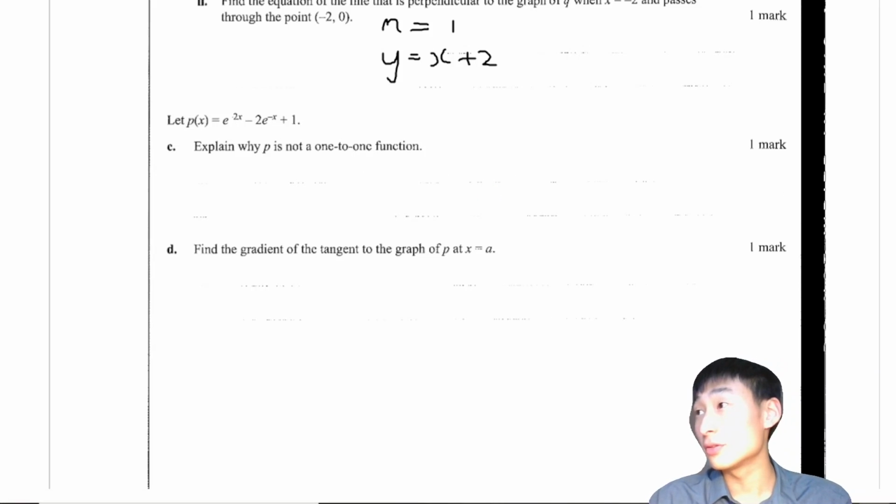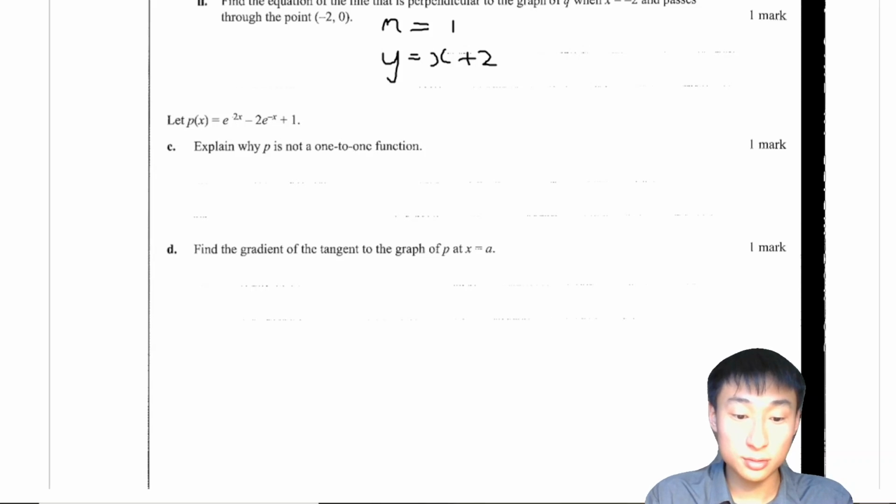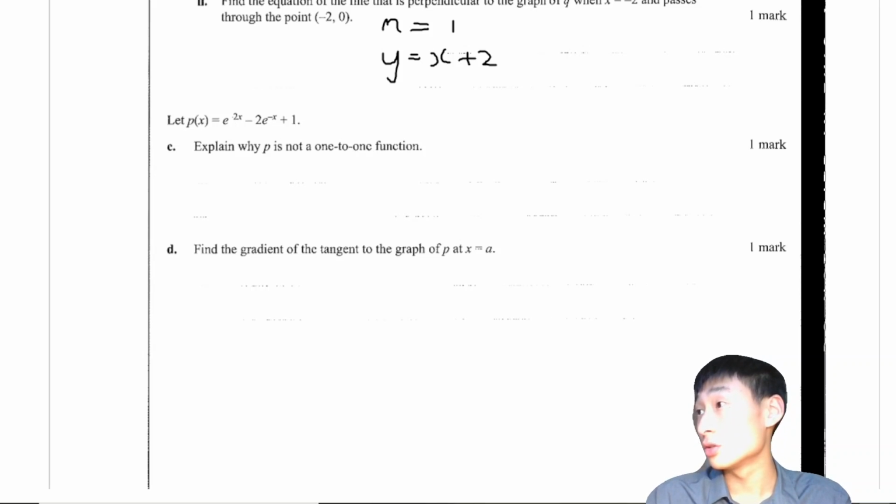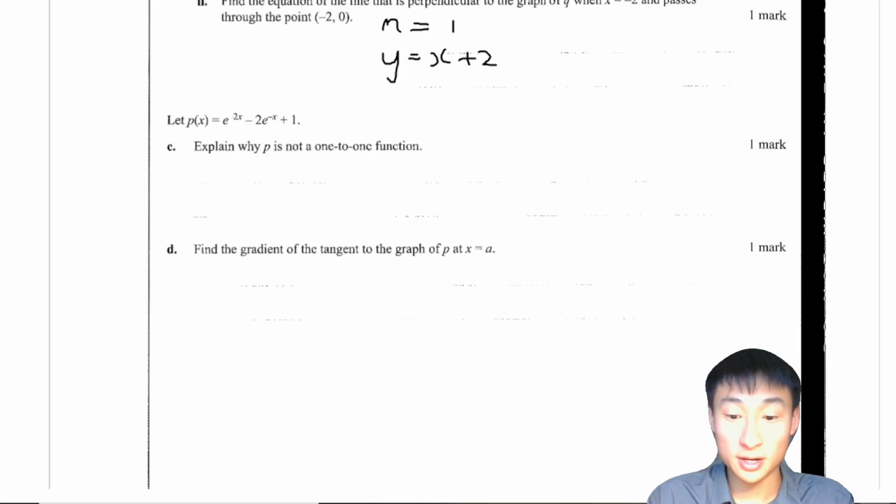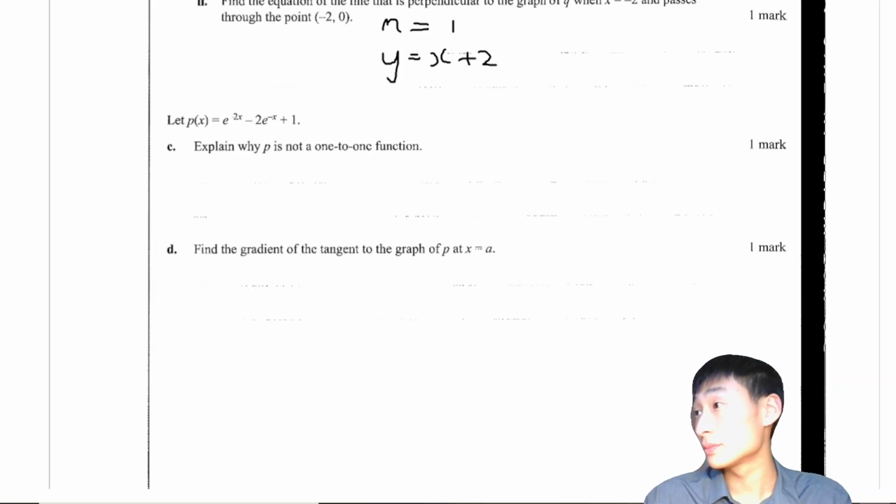Or I'm going to graph it to help me, because I'm not great with these random graphs, honestly. -2x minus 2 times e to the power of -x plus 1. Oops, that's a very rookie error. I used not the proper e, but the fake e. Minus 2 e to the power of -x plus 1.